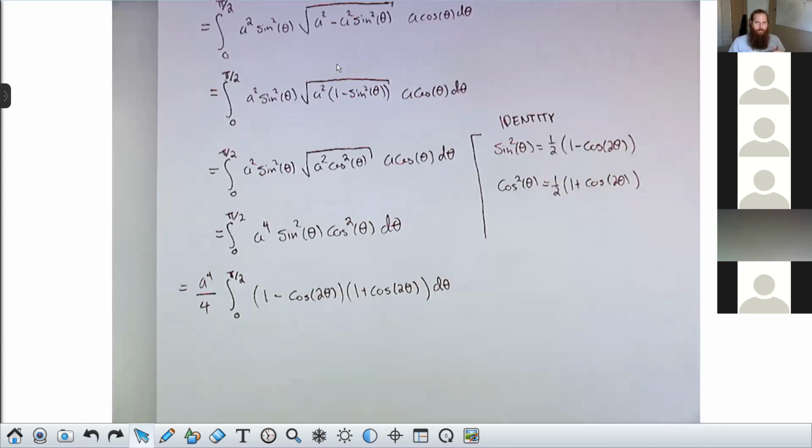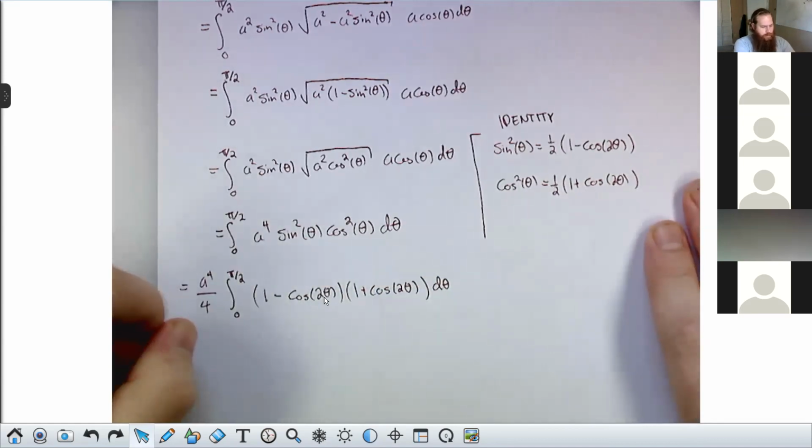And now I need to FOIL everything out. I need to multiply all this stuff out. You can think of this as looking like a difference of squares, right? It's like 1 minus x times 1 plus x. So it's going to be 1 minus x squared.